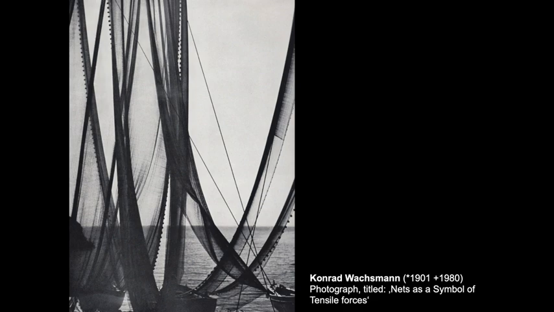The book where Konrad Wachsmann published these images is called Aspects, and it's a book with photos he took in Rome. I talked about this already. What makes me wonder is that most of the pictures are of ancient architecture, so he is very keen to show the structure of this ancient architecture.